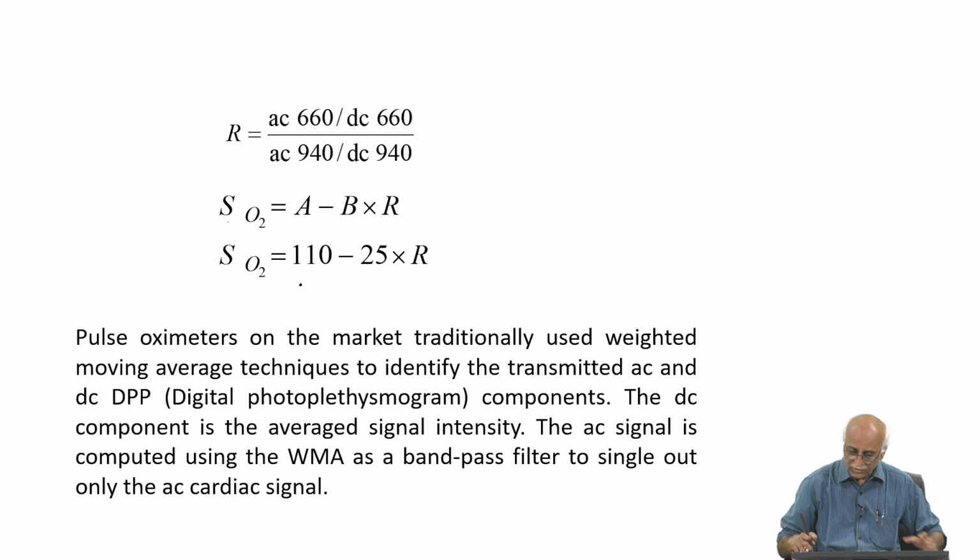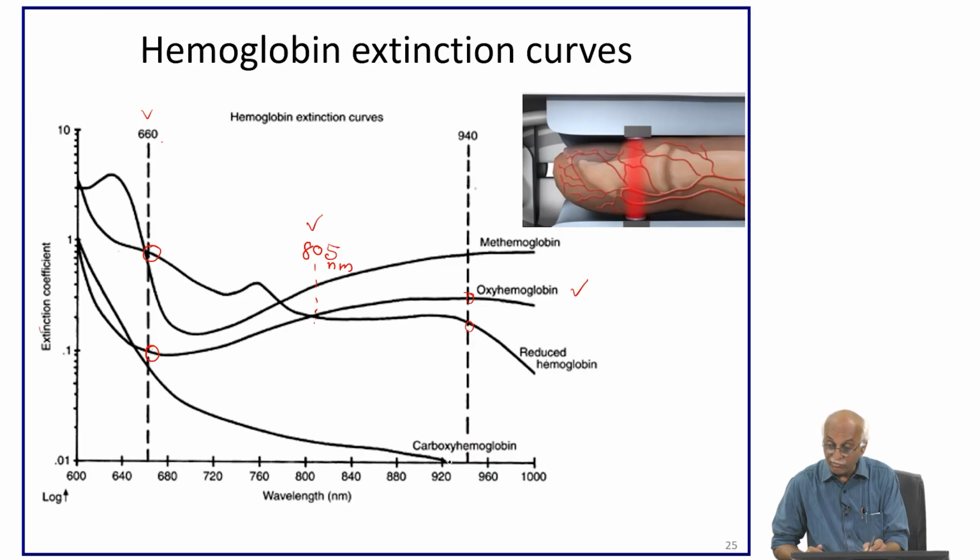Now, carboxyhemoglobin also plays some role in the saturation measurements. We generally neglect this; we only capture the information for oxyhemoglobin and reduced hemoglobin, and we neglect methemoglobin as well as carboxyhemoglobin from our measurements.